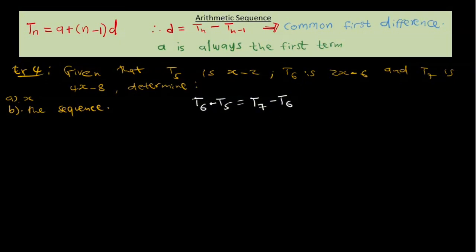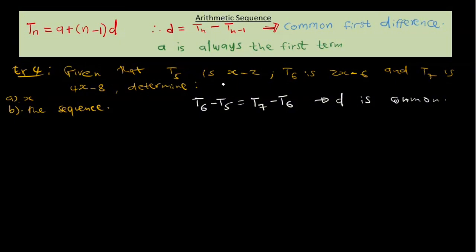Why? Because d is common. So for an arithmetic sequence, d is common. So if d is common, that means any difference is equal to any other difference.